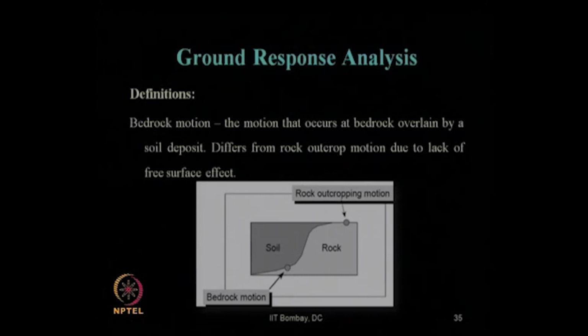So, that is why the bedrock motion at this place and the rock outcropping motion at this place, for the same earthquake, because of the same waves, will be different. So, that is why the terminology bedrock motion is different from rock outcropping motion. Rock outcropping motion has to be open at the ground surface, but bedrock motion means it is never open to the ground surface.